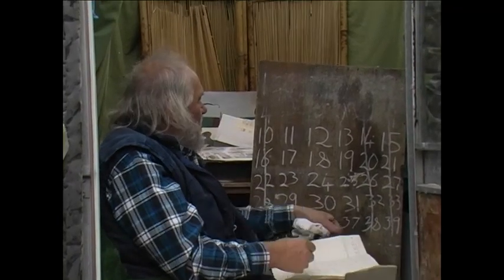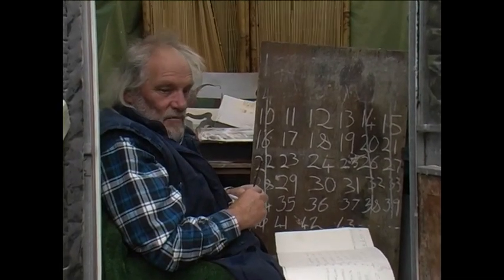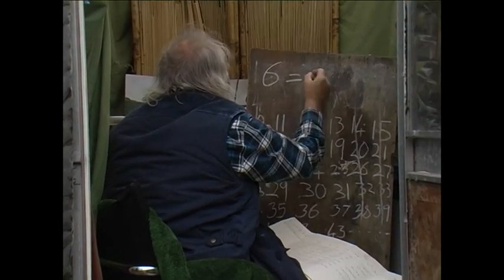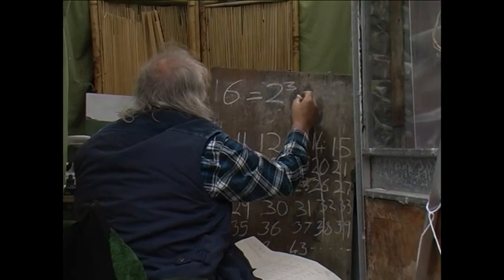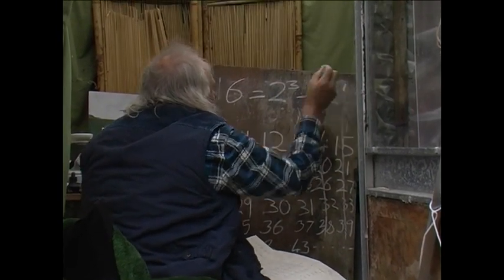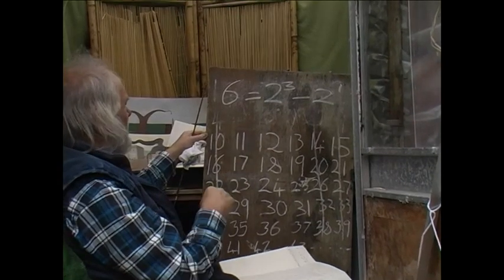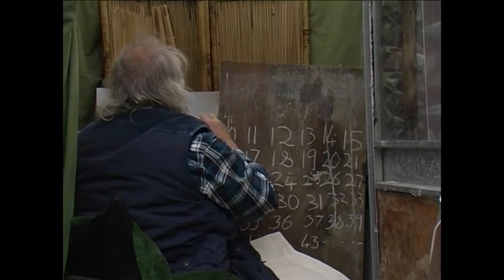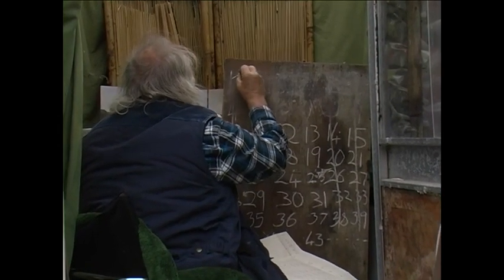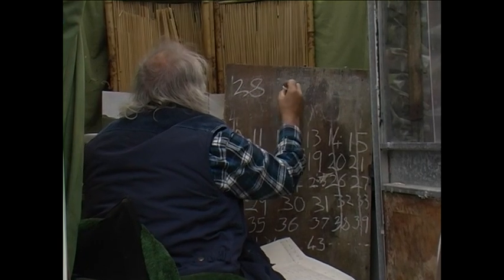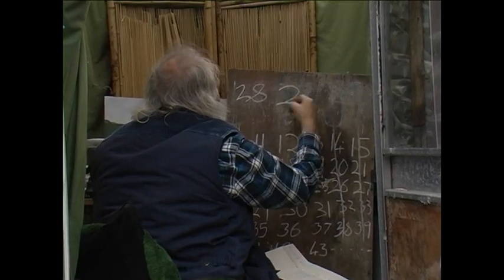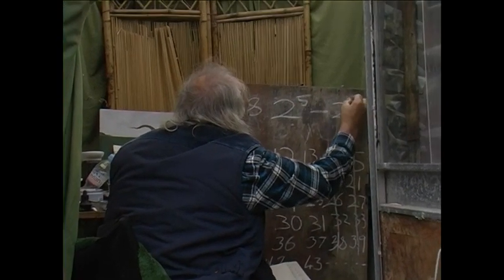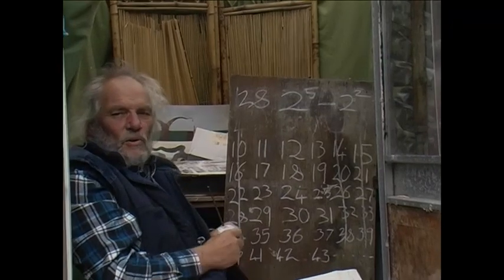All perfect numbers consist of a power of 2, from which is subtracted another power of 2. 6, for example, equals 2 cubed, which is 8, minus 2 to the first, minus 2. 28 is equal to 32, which is 2 to the fifth, minus 2 squared, equal to 32 minus 4.